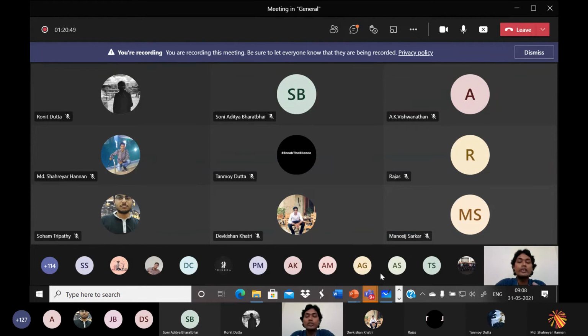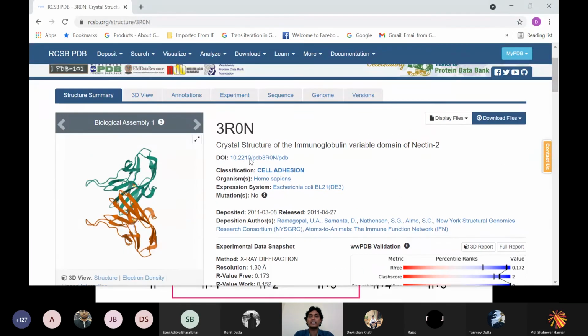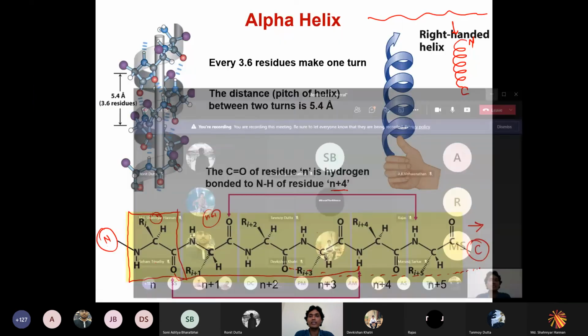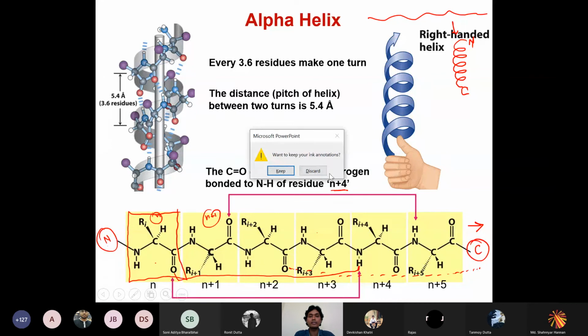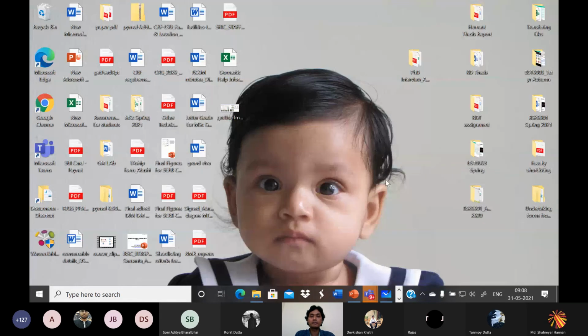I will suggest that if I get time, I will open this structure in the PDB, and then I will be able to answer this question.